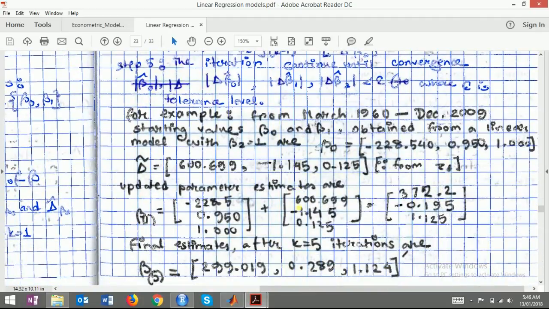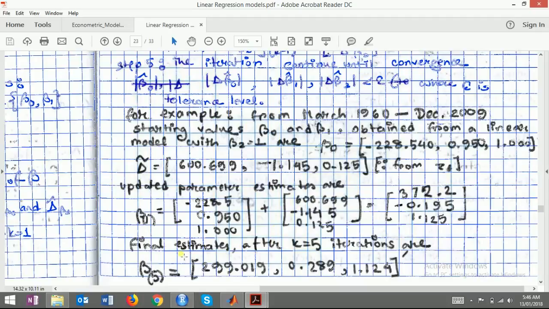There is a specific example in the book, from March 1960 to December 2009, with this data. The nonlinear consumption function of the US is calculated with iteration, where we first obtain beta naught and beta 1 from a linear model, and beta 2 is 1.